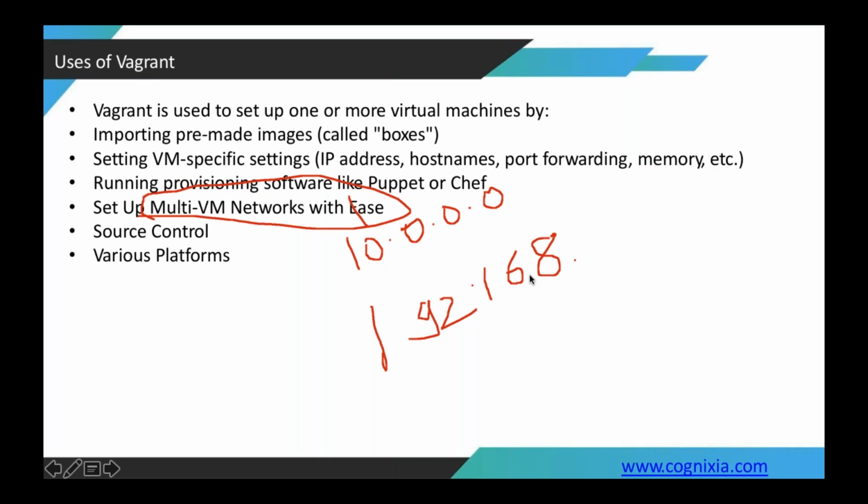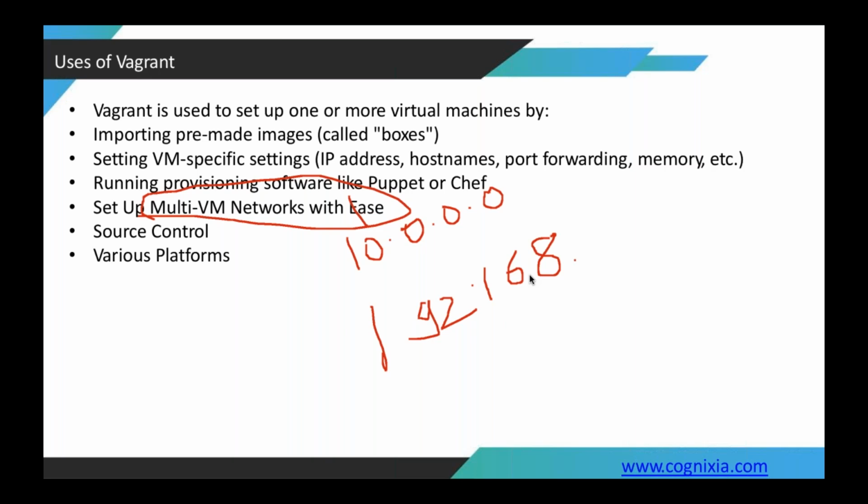I will show you how you can assign the IP address to your virtual machines, but it's able to create a virtual network card through which it's able to assign a virtual IP address.